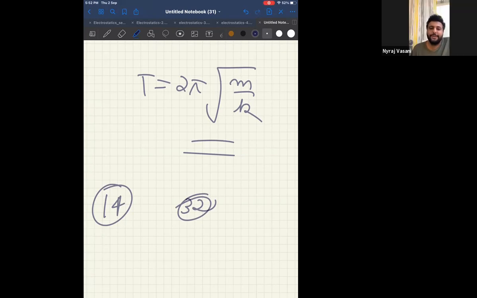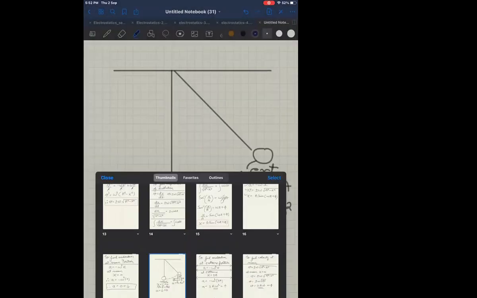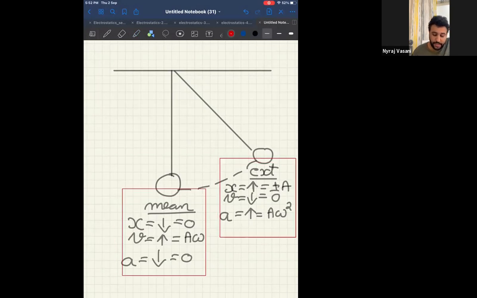Okay. So now you have to study these 14 formulae only, and I'll ask you some of them. Are you ready right now, or need time to revise? Need time. Especially this one. It's very, very important. These are the 3 formulae for mean and 3 formulae for extreme. Now, when I ask you what is velocity at extreme, you should not say velocity at extreme is 0. No. Velocity at extreme is minimum, 0.